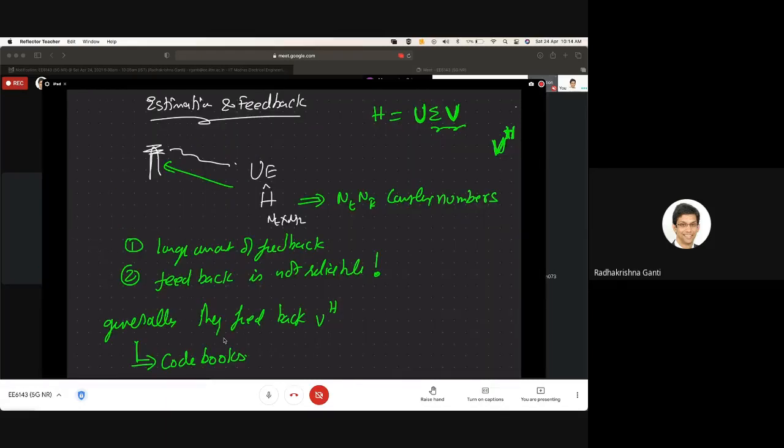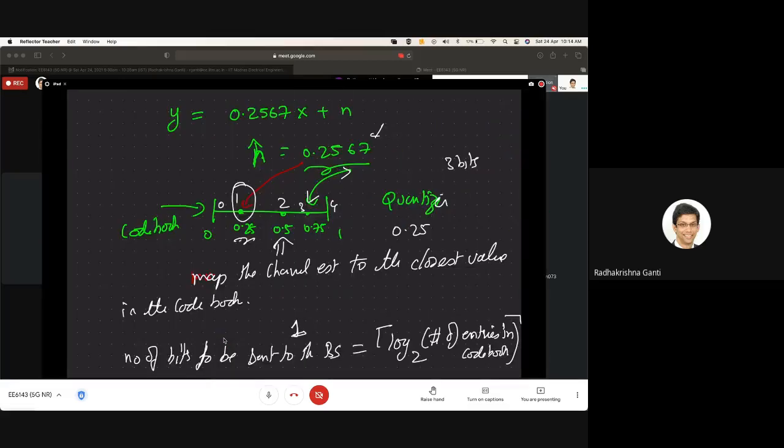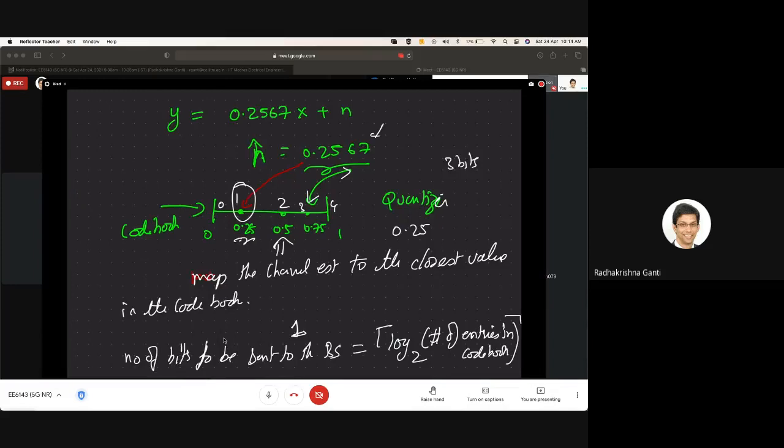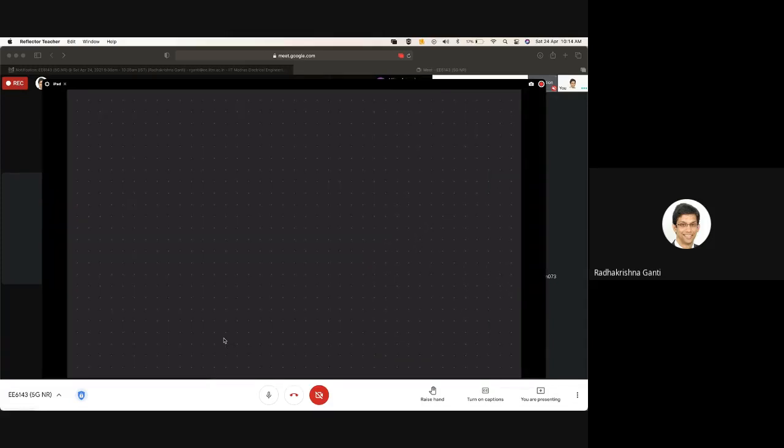So now the question is, you have to transmit V. I will not go into the technical parts of this. In one dimension we can understand how to do the quantization: it's a straight line, you break it into small parts, see where the value falls, and send it back. But for now, V is a matrix of size NT cross NT.